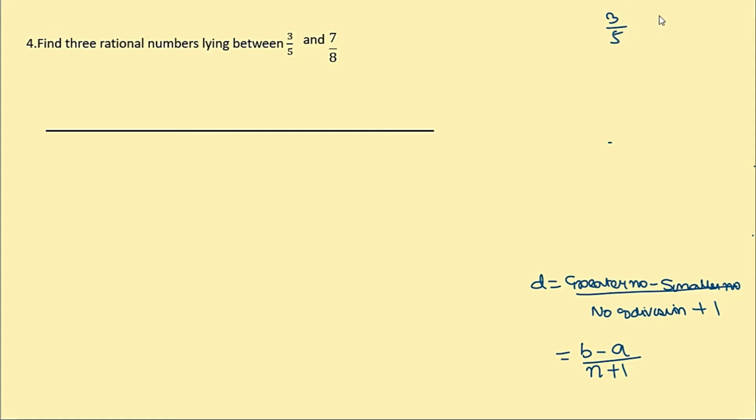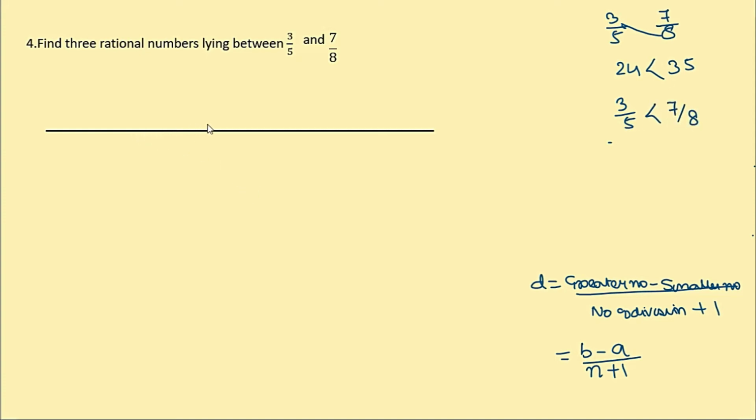Let us go with cross multiplication. So 3 into 8 is 24, and 5 into 7 is 35. So 24 is less than 35, so 3 by 5 is less than 7 by 8.